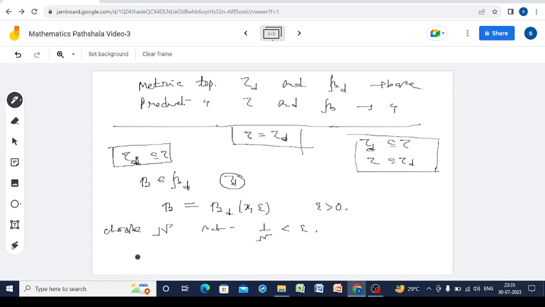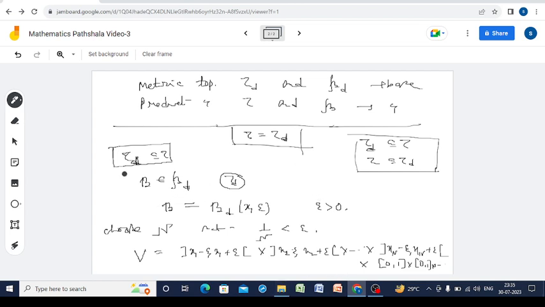Now let us take V equal to the open interval (x1 minus epsilon, x1 plus epsilon) Cartesian product (x2 minus epsilon, x2 plus epsilon), and so on up to (xn minus epsilon, xn plus epsilon), and the remaining product will be the same as [0,1] cross [0,1] and so on.